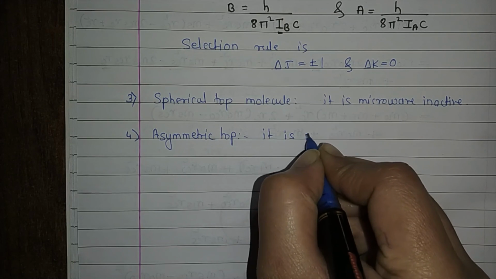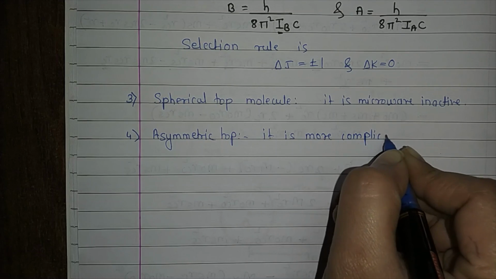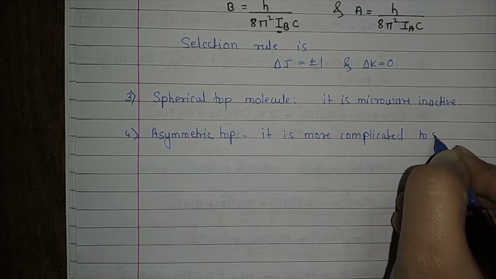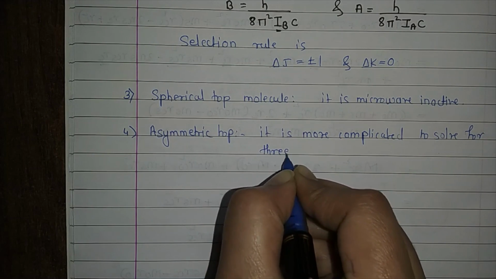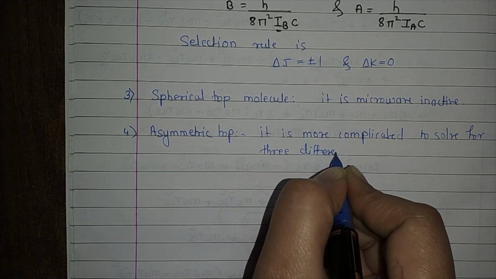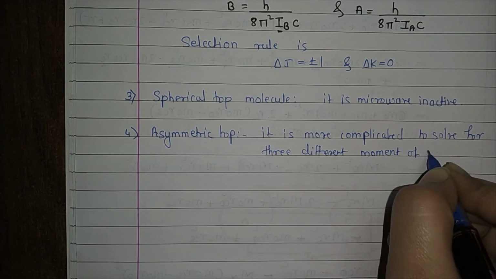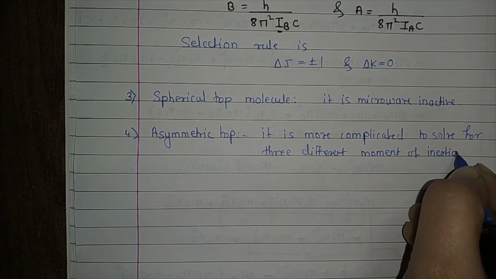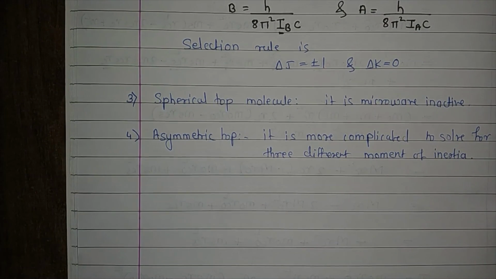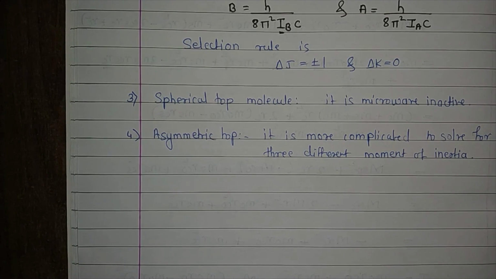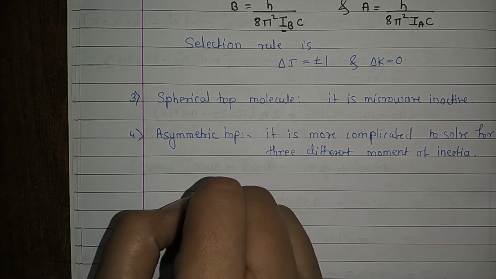It is more complicated to solve for three different moment of inertia. Is it okay? So it is more complicated to solve for the three different moment of inertia.